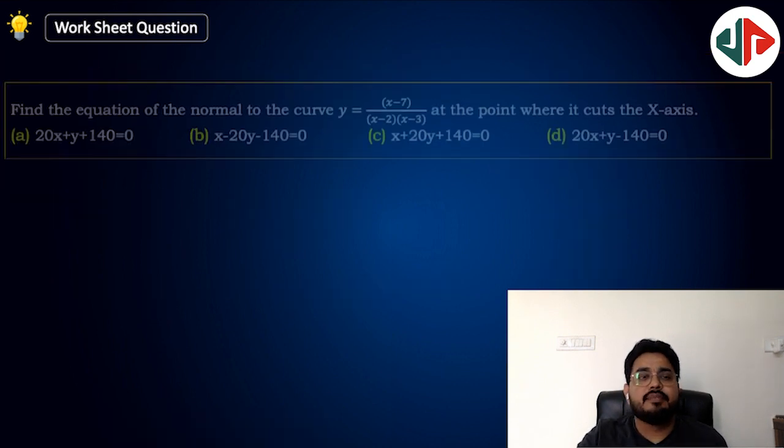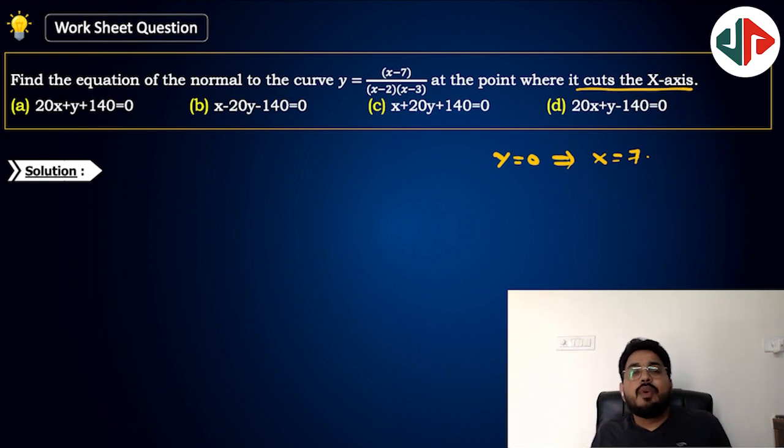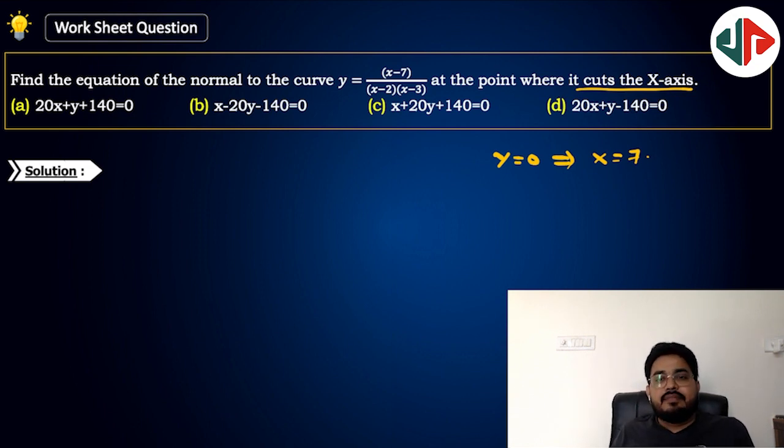Next question, find the equation of the normal to the curve at the point where it cuts the x-axis. So where this one cuts the x-axis, y is equal to 0. Y is equal to 0 means x is equal to 7. Okay. So I need to find dy by dx.